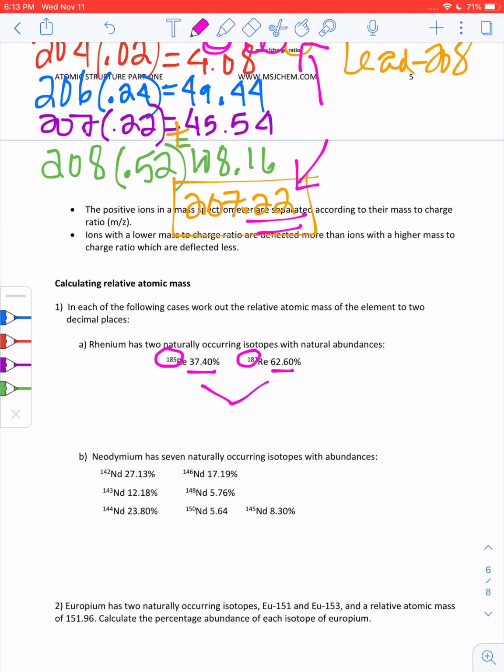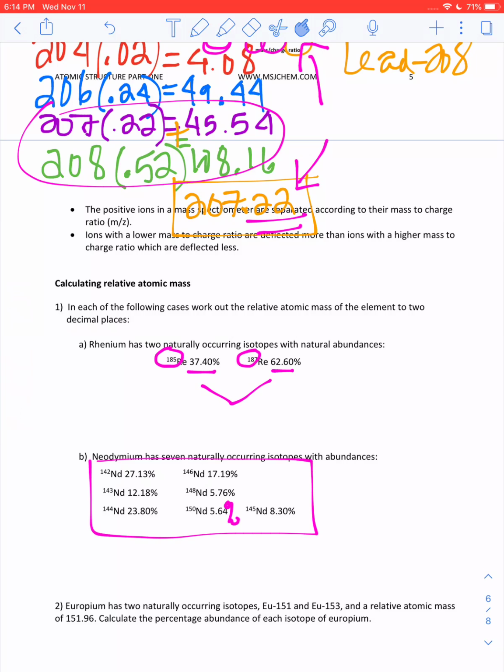So on this one, you only have 2 isotopes. Okay, so you're only going to do what we did right here twice. You're going to have 2 masses, and you'll multiply each of them by their percentages in decimal form. Don't forget to change them. And then you'll add those 2 answers up. Now, on letter B, there's a lot more isotopes. There's 7 isotopes on this one. Okay, and the percent sign just got left off on that one. That's still a percentage.